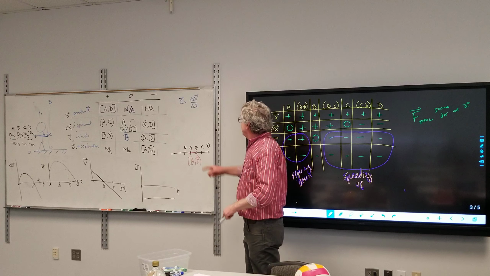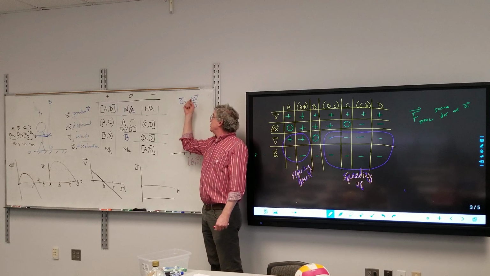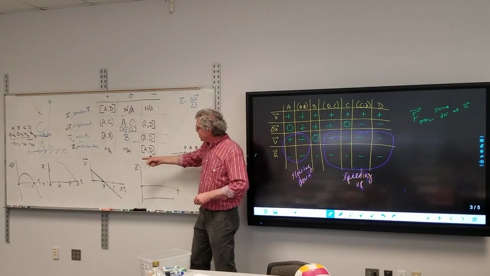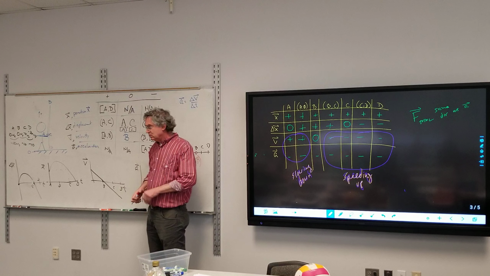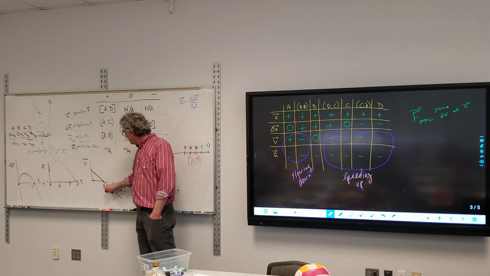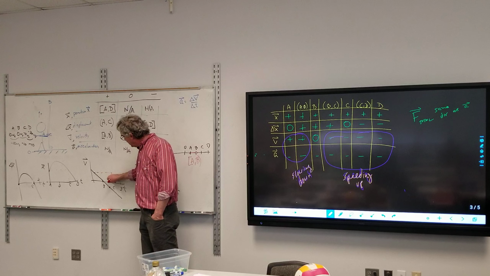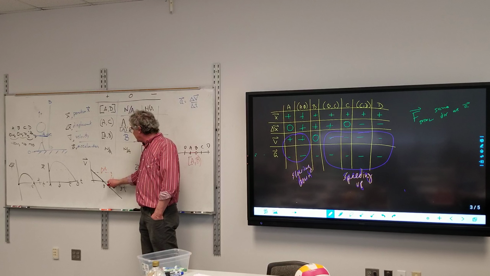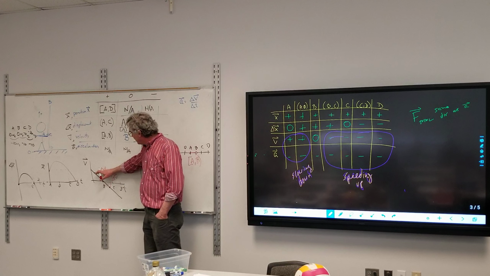All right, so we have this relationship right here. Acceleration is the change in velocity over change in time. Well, if I look at my velocity graph here, I take 2 points. Between those 2 points, I have some change in time here, I have some change in velocity here. I go from that point to that point.